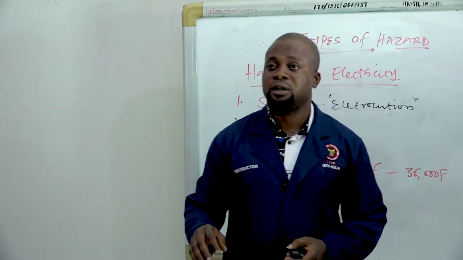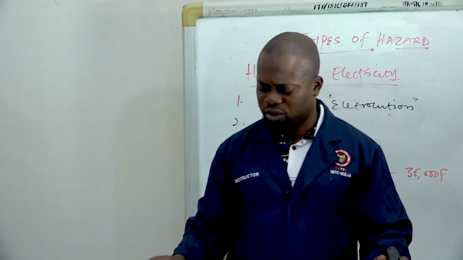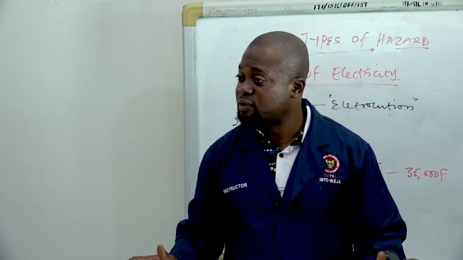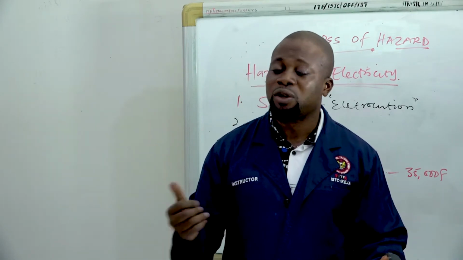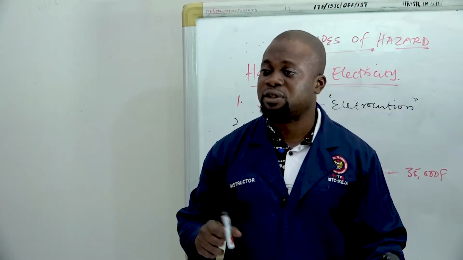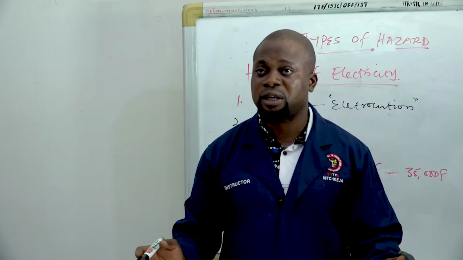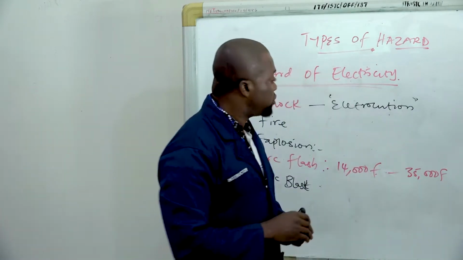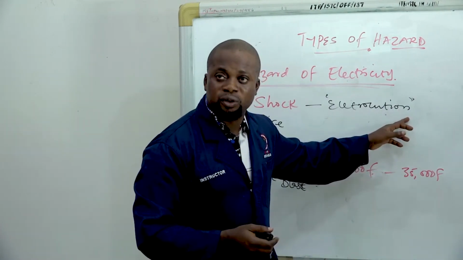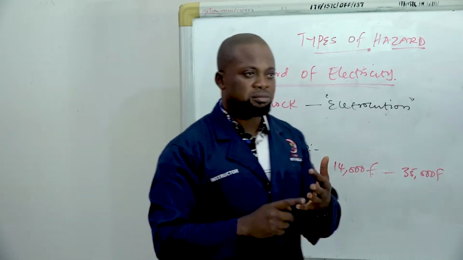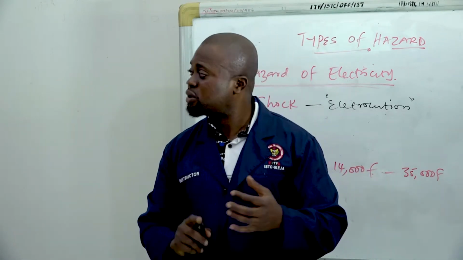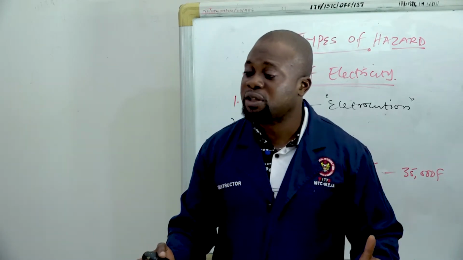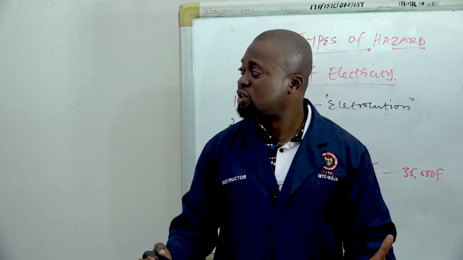How does shock occur? Shock occurs in different ways. Shock can occur when current travels in a closed circuit through a conductor; if you make contact with that conductor, you receive shock. Water is also a substance that carries electricity.